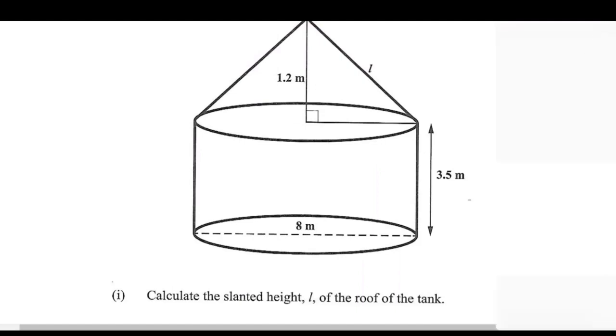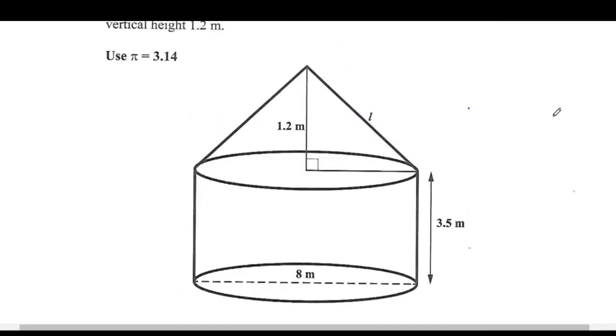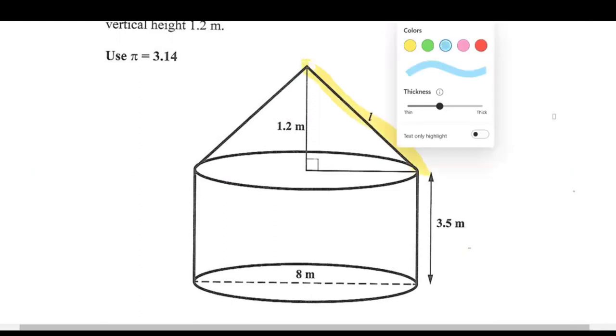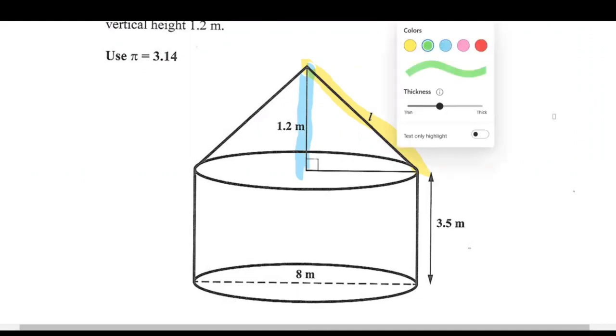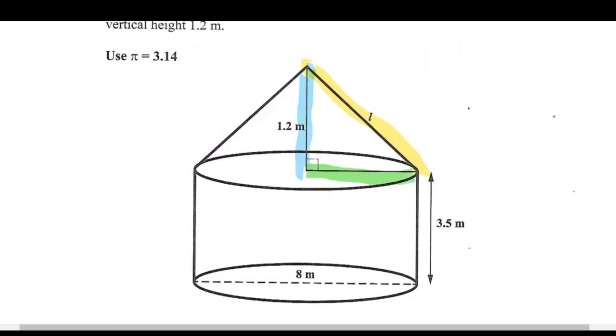Now, the slant height, which is what I'm highlighting here in yellow, and the height of the cone, which comes from the apex to the middle of the cone, along with the radius, forms a right angle triangle, and you're seeing it there.